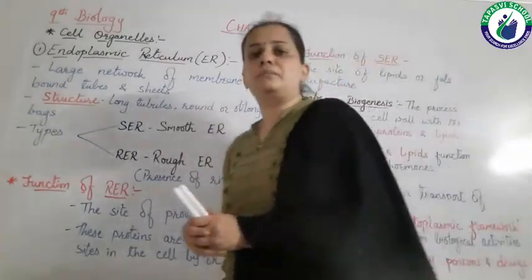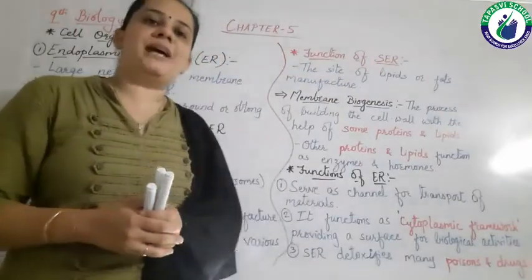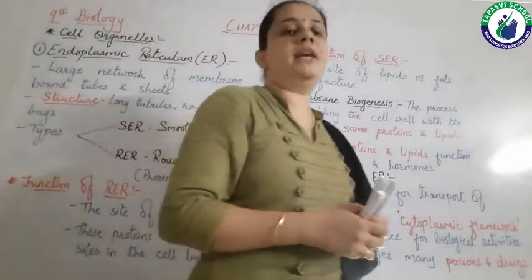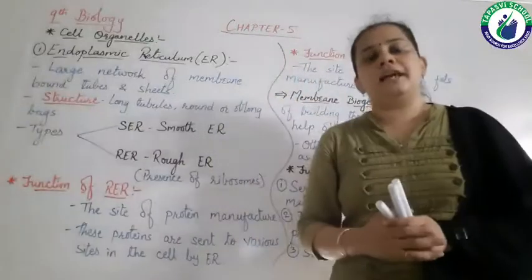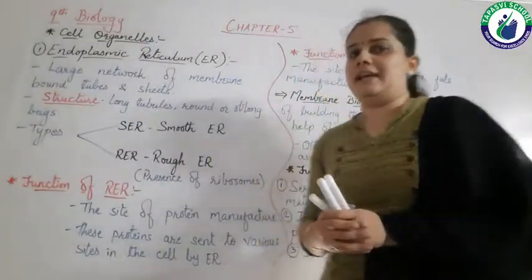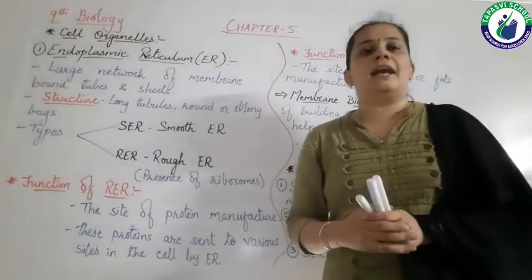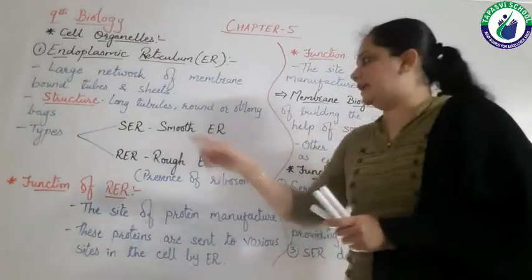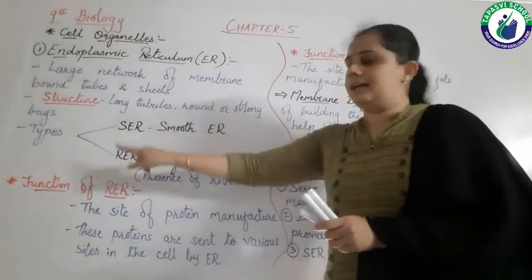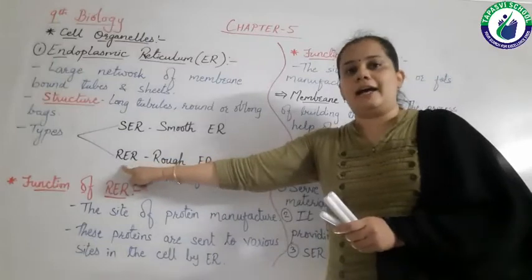ER, that is endoplasmic reticulum, has mainly two types: smooth ER and rough ER, that is SER and RER.